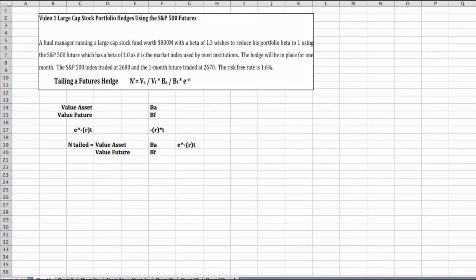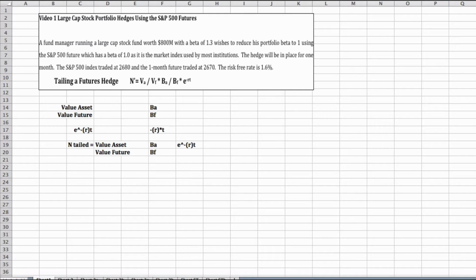Now, since the S&P 500 is a leading market index and many contracts and positions and managers are evaluated against that index as our market proxy, it has a beta of 1. So 0.3 of that future size would reduce the beta from 1.3 down to 1.